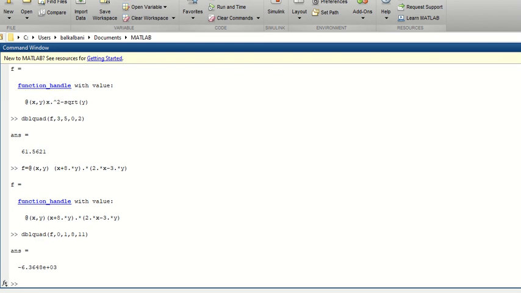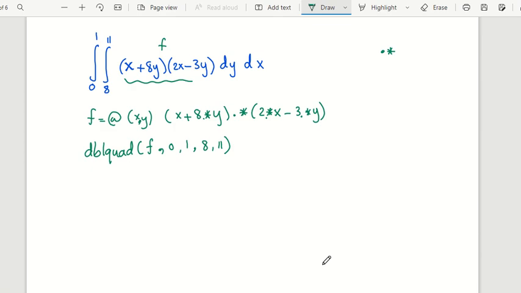And also if it is division, we will write dot division. Let's have an example.